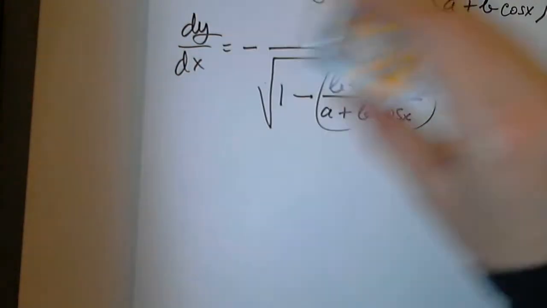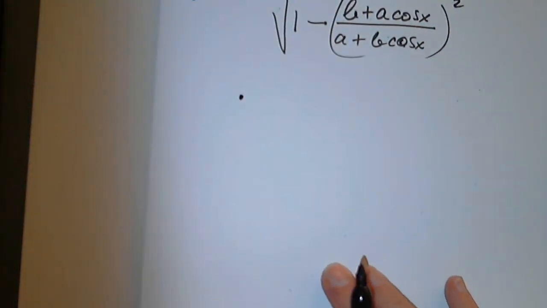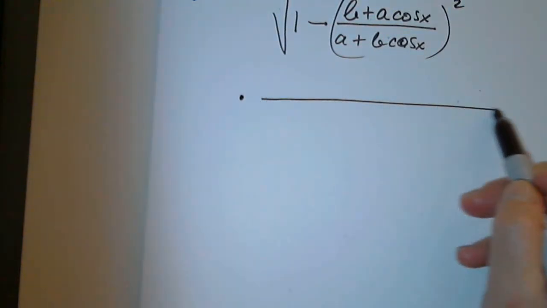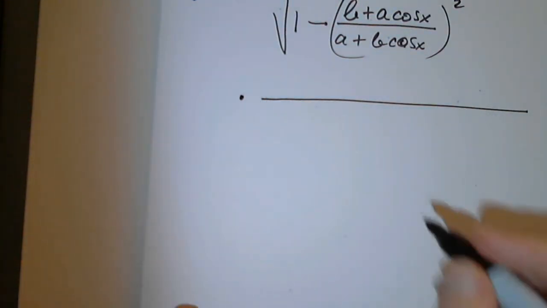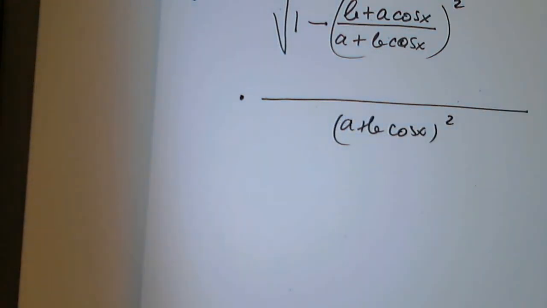So remember, when I differentiate arc cosine, I get -1 over the square root of 1 minus blah squared. But since blah is not just plain x, now I have to multiply by the inner function prime. This is the inner function. But the inner function prime is a quotient, so I have to use the quotient rule. And the denominator has a plus b cosine x squared.